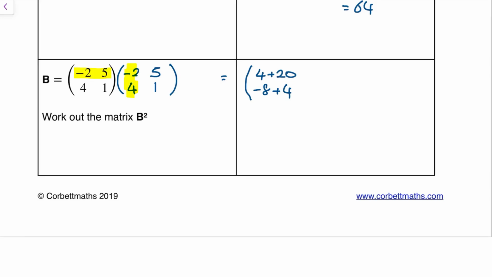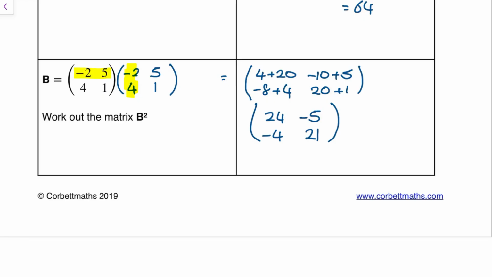So minus 2 times 5 is minus 10. And 5 times 1 is 5. And then bottom row times right column, 4 times 5 is 20, and 1 times 1 is 1. And let's collect all those numbers together, and that's going to give me 24, minus 5, minus 4 and 21. And that is the answer to the final question.